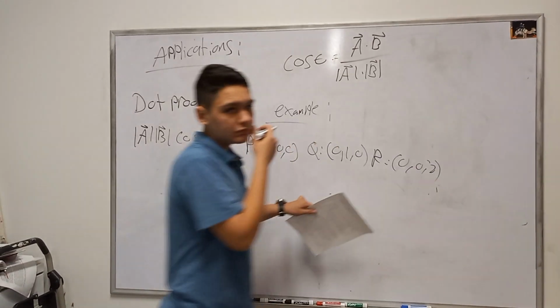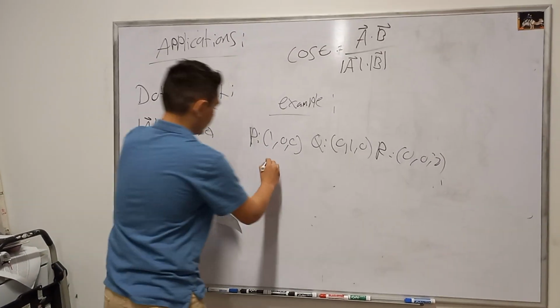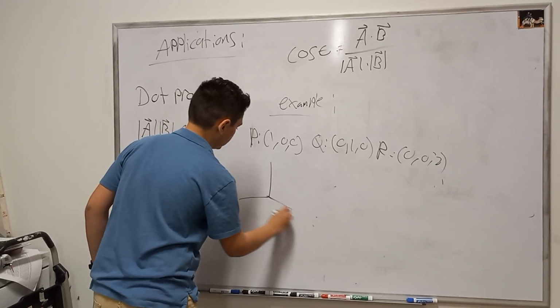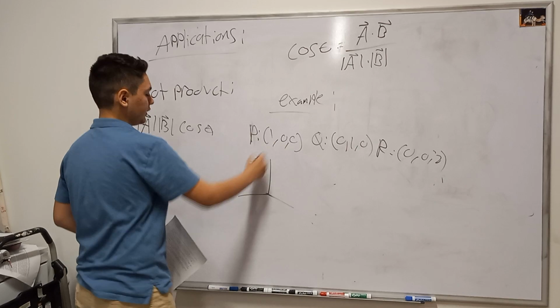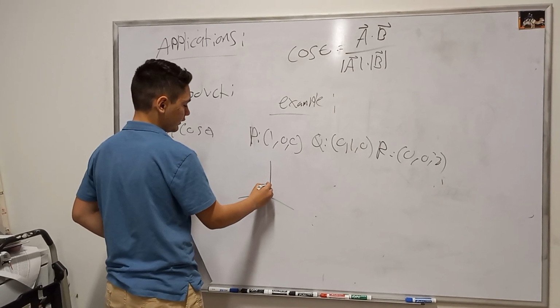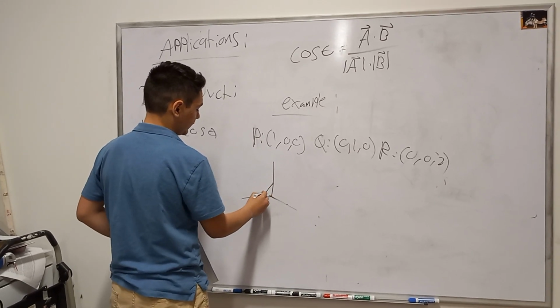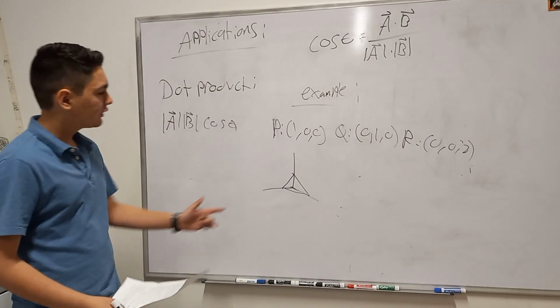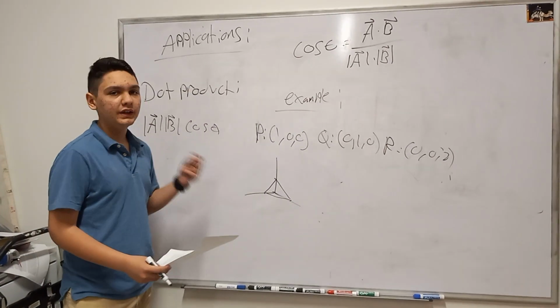Okay? So I'm just going to draw this picture out. Okay, so if we go here is 1. So there we go. So the question is asking, what's the angle at P?